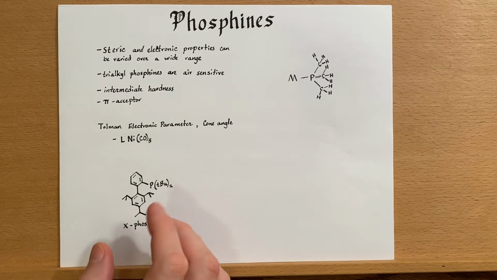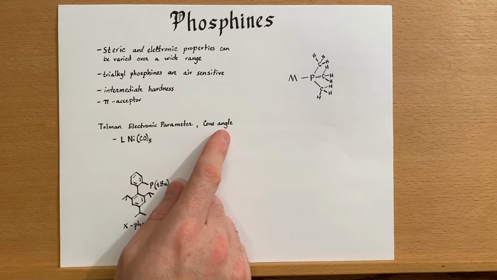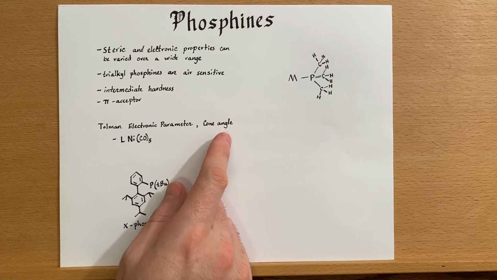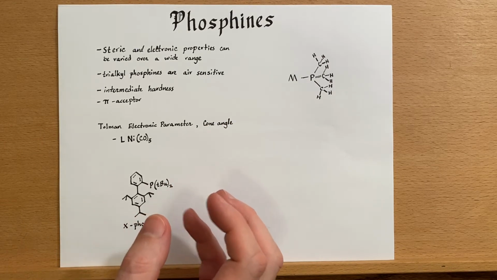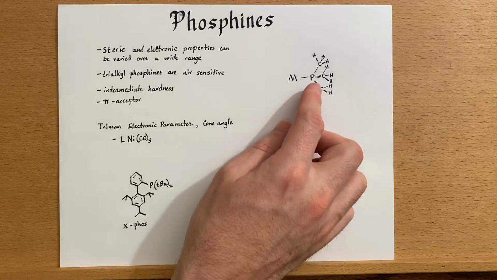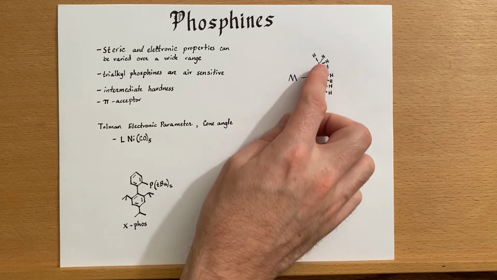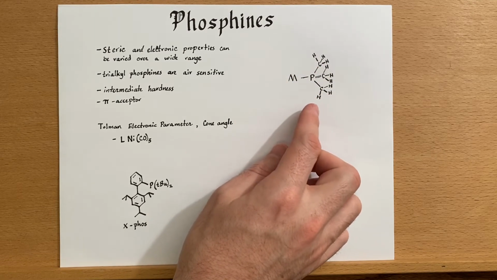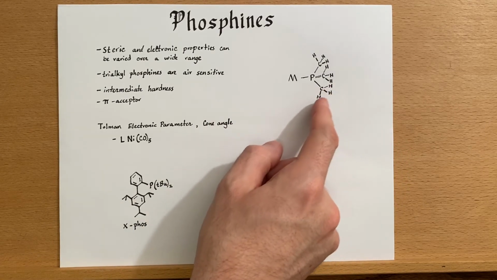Another thing that he did was measure cone angles, and he did this with models. And the goal here was to fold back as much as possible whatever ligand we have, so get this into the smallest configuration that it can reasonably accommodate. Of course, there's going to be sterics here.